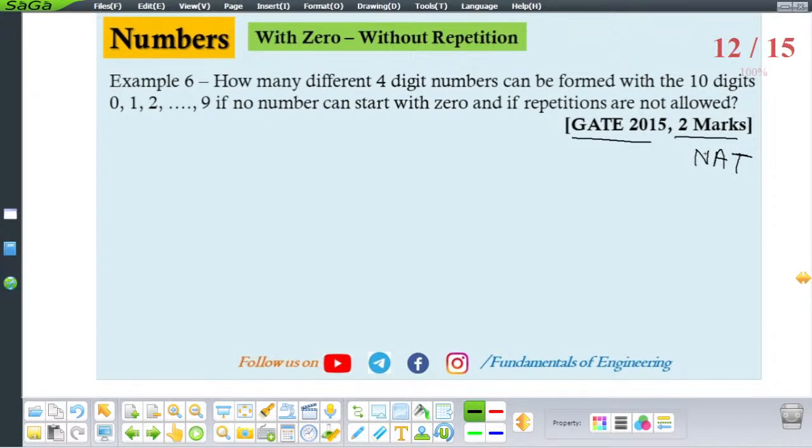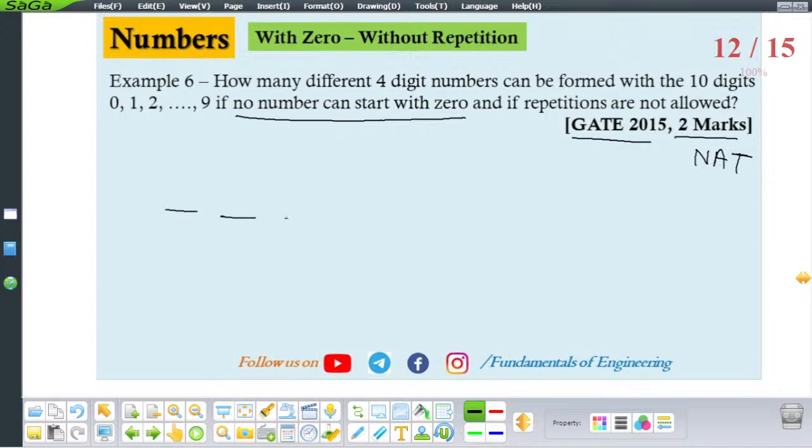Now, what is the question? How many different 4-digit numbers can be formed with the 10 digits, 0, 1, 2, 3, 4, 5, 6, 7, 8, 9, if no number can start with 0, and if repetitions are not allowed.